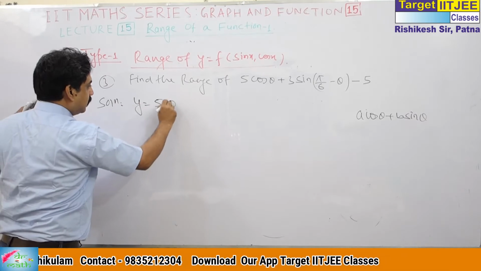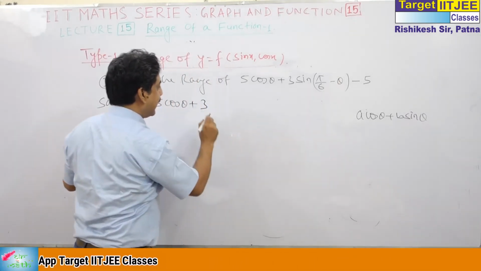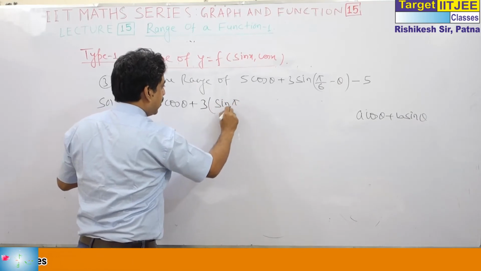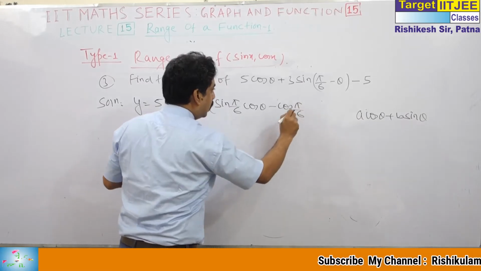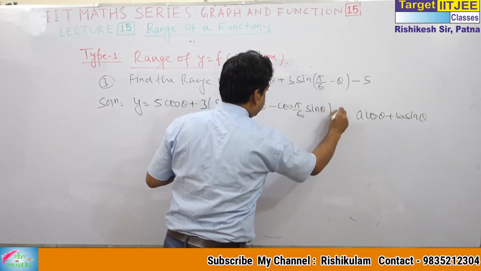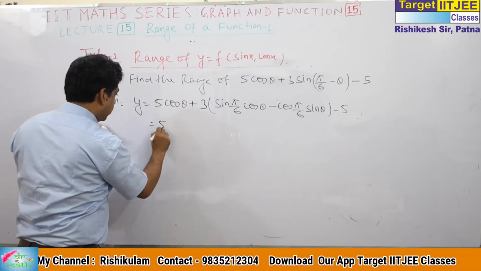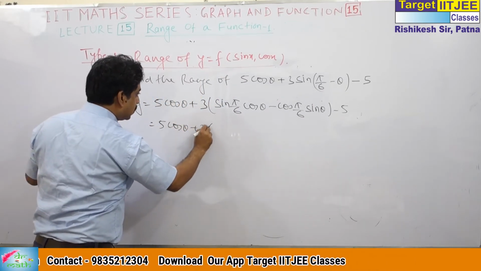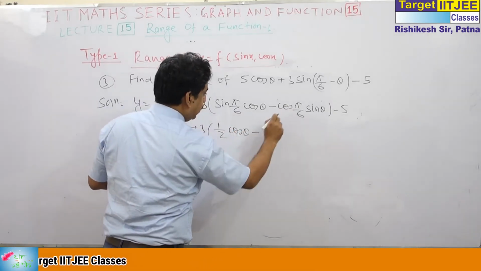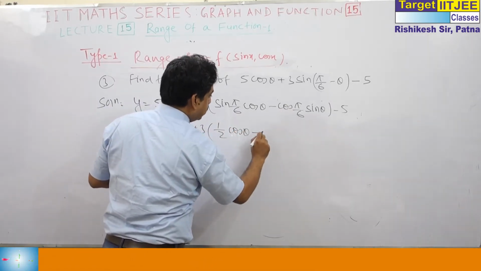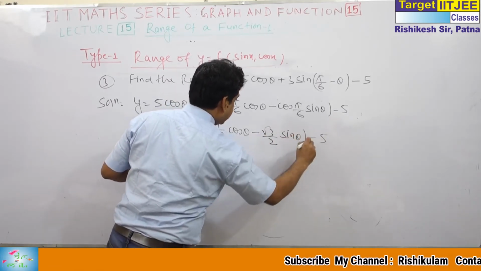This is y is equal to 5 cos theta plus 3, and straightforward I am using the formula of sin a minus b: sin a cos b minus cos a sin b, minus 5. What is this? 5 cos theta plus 3 times 1 by 2 cos theta, and minus this is, cos pi by 6 is root 3 by 2, sin theta, minus 5.